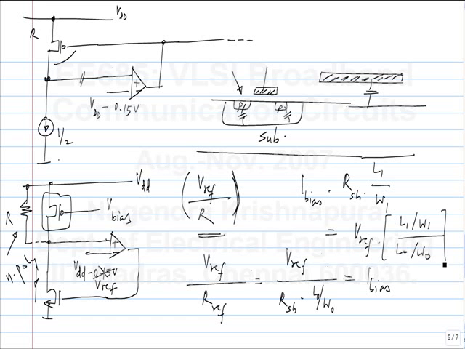The ratio of dimensions can be fixed accurately, so this quantity will also be an accurate ratio or multiple of Vref. So you can generate what is known as 1 over R current. It's generally referred to as 1 over R current because it has an inverse dependence on R, and you can pass it through resistances of the same type. That will give you an accurate voltage across the resistance.